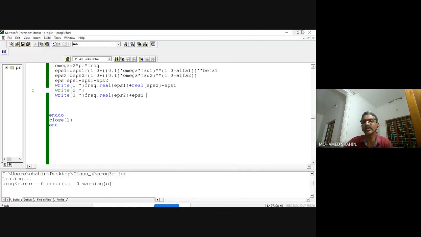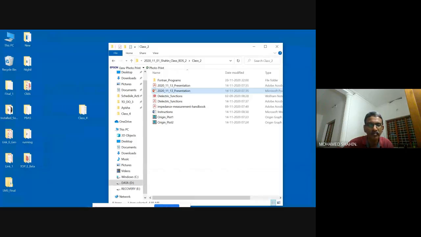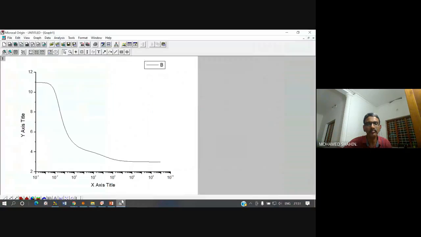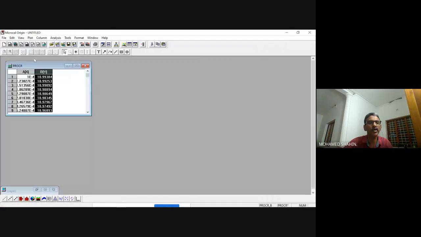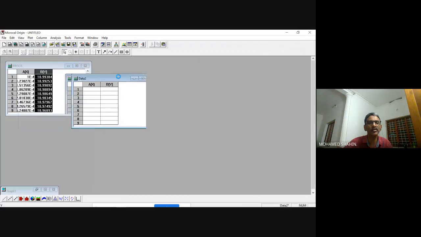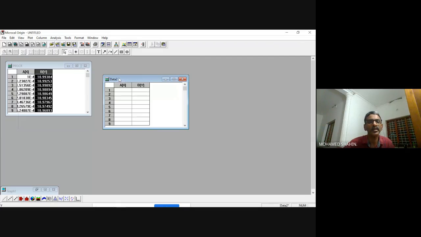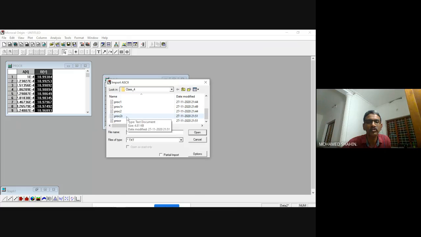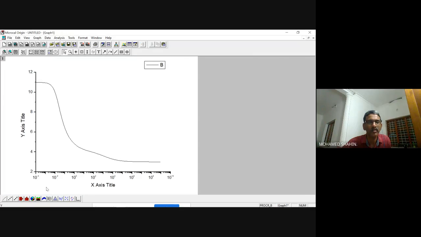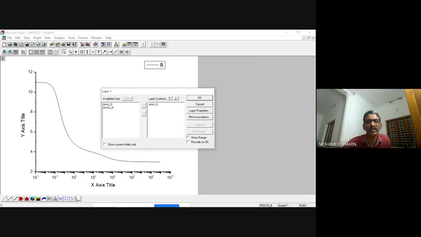I executed it. Now go to that. In this file, I put another data window to upload the pros 2R. Now you can see that second process has been plotted, no rescaling.